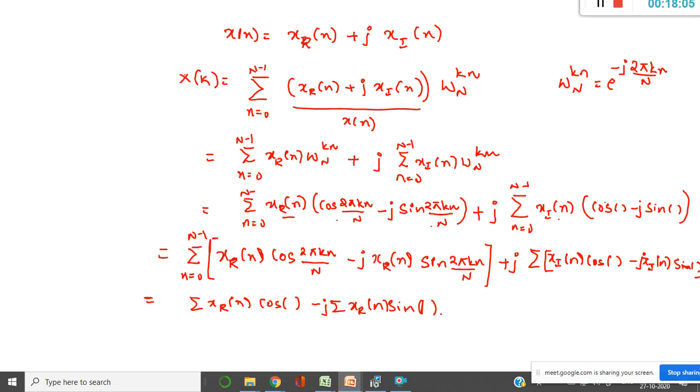I can see for one value of k there are n minus 1 complex additions in general, right?